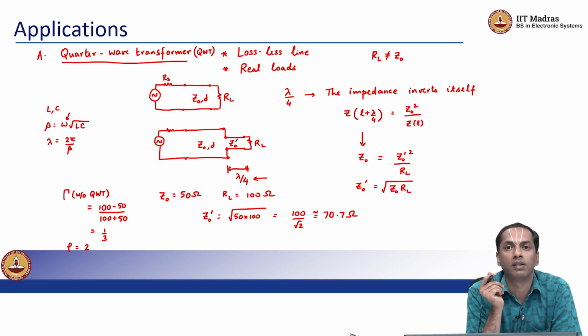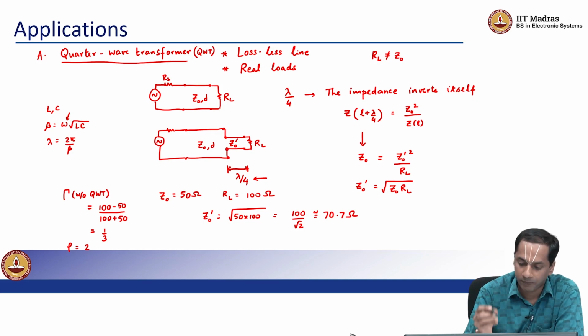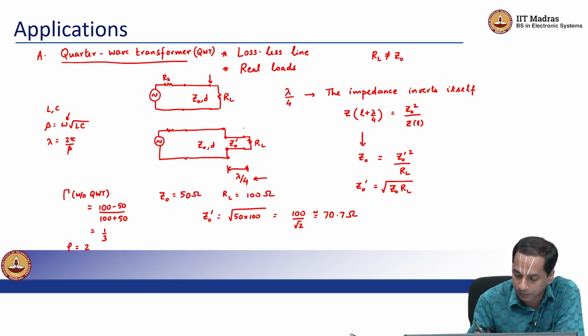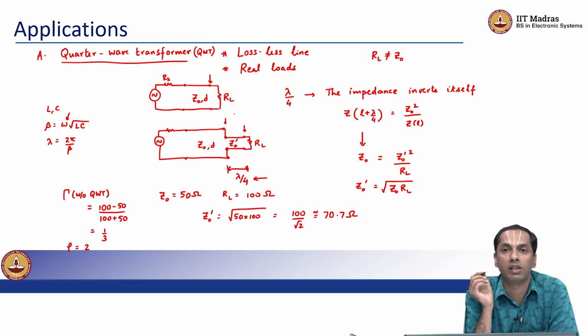How is it that deliberately adding another source of reflection helps? Remember that in the original case, I only had one point of reflection, which is between RL and Z0. In the quarter wave transformer, I now have two locations where there is a discontinuity in the impedance, right? So very rarely do you find solutions in nature where adding more trouble gets rid of the original issue.